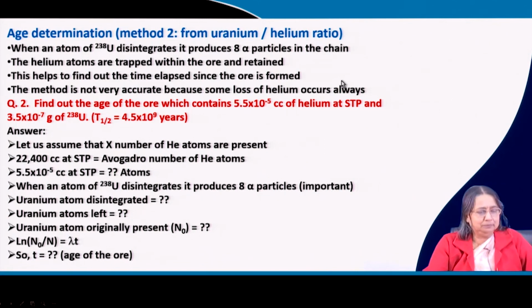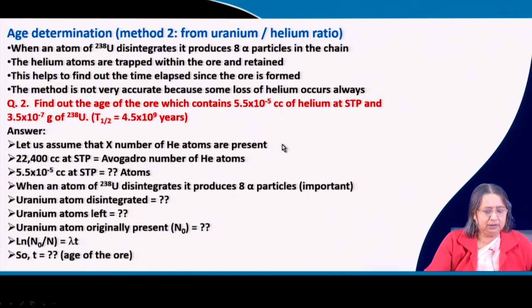Now, the numerical problem you see here: find out the age of the ore which contains a certain cc of helium at STP and a certain gram of uranium-238, T half is given. I have given only a clue, you can try it by yourself.